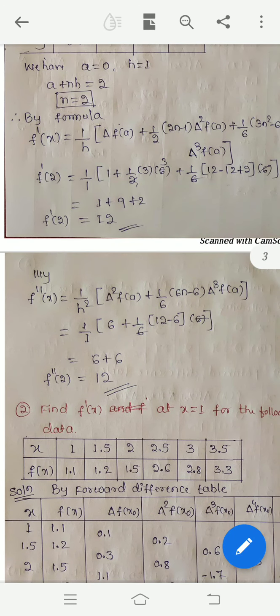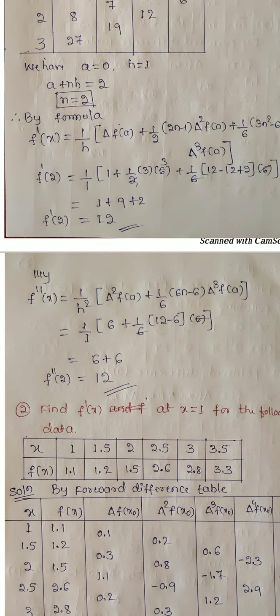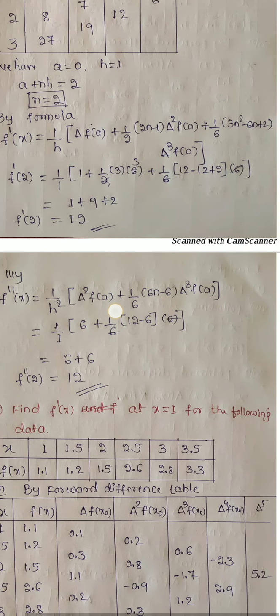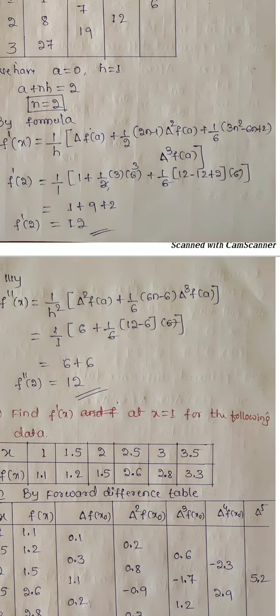Similarly, we have to find the second order derivative, that is f double dash of x, equal to 1 divided by h square into delta square f of a plus 1 by 6 into (6n minus 6) into delta cube f of a.